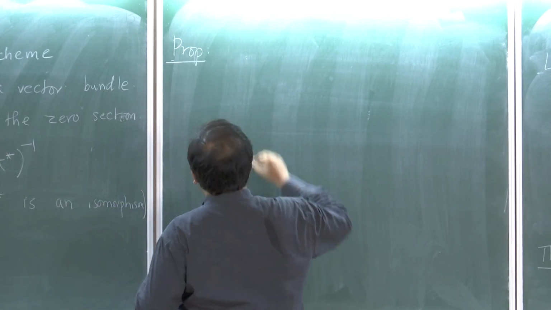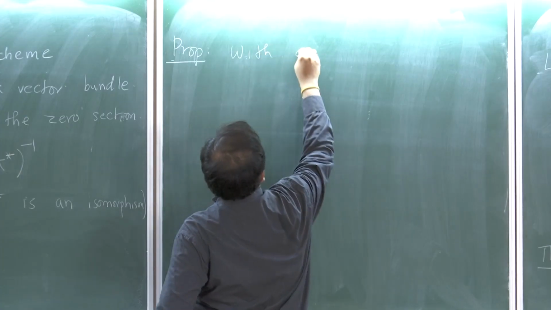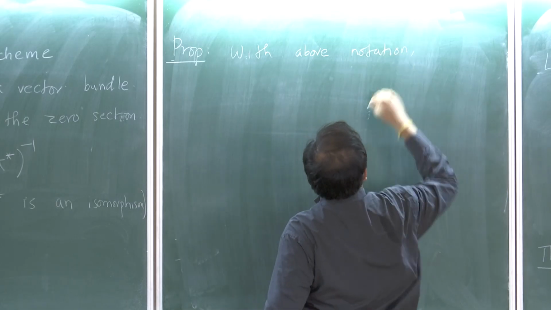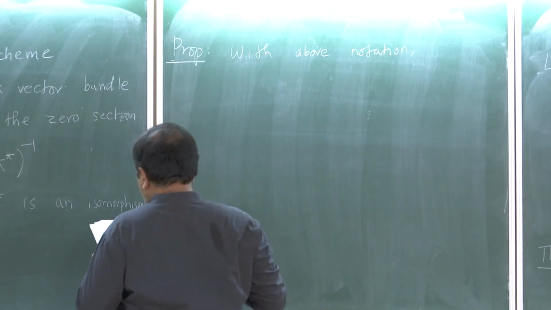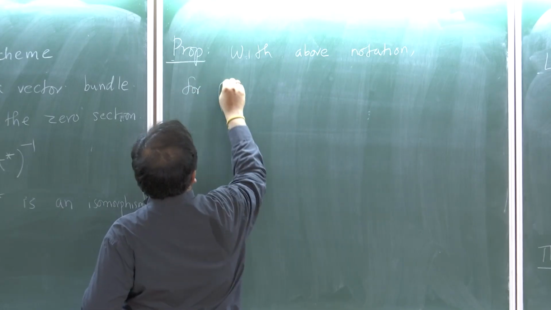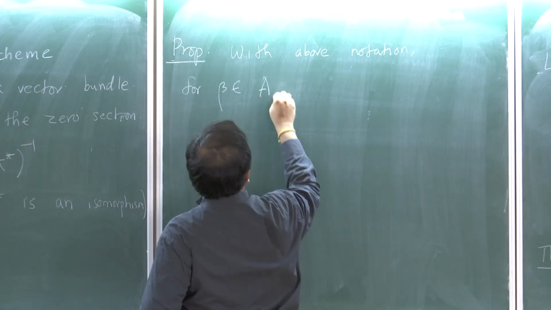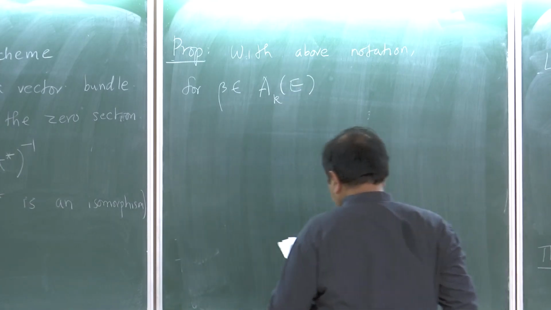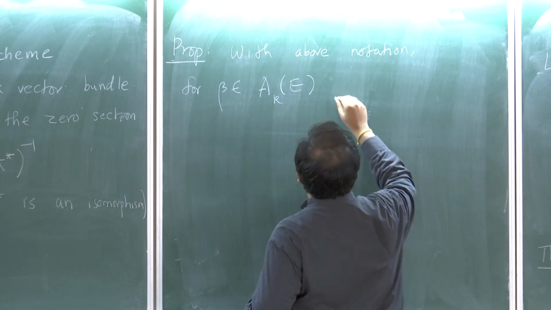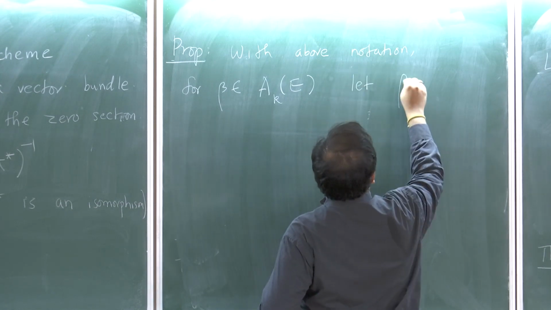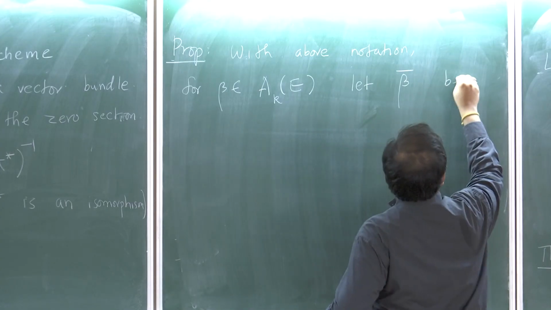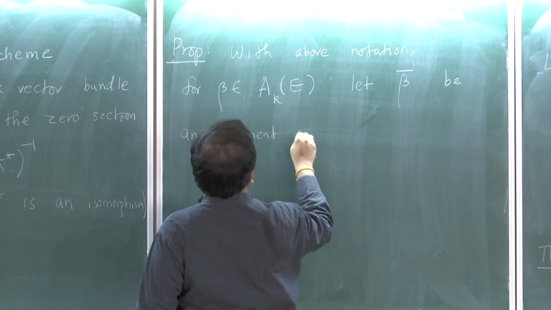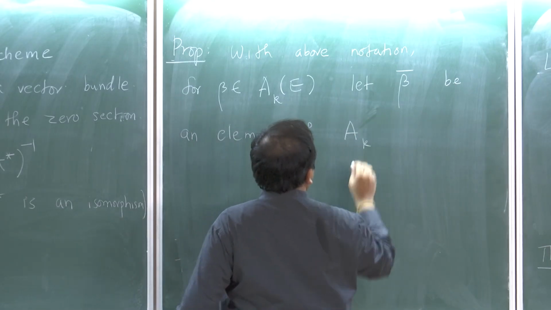With the above notation, for beta in A_k of E, let beta bar be an element of A_k of the projective completion of the vector bundle.